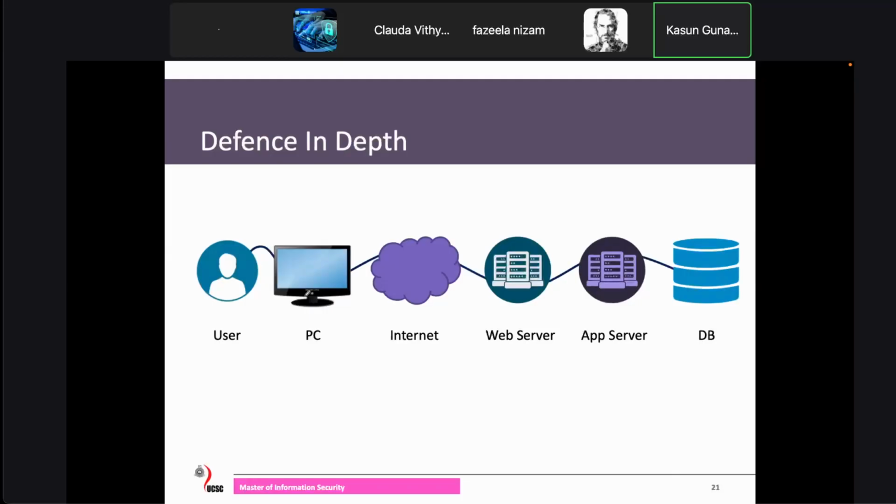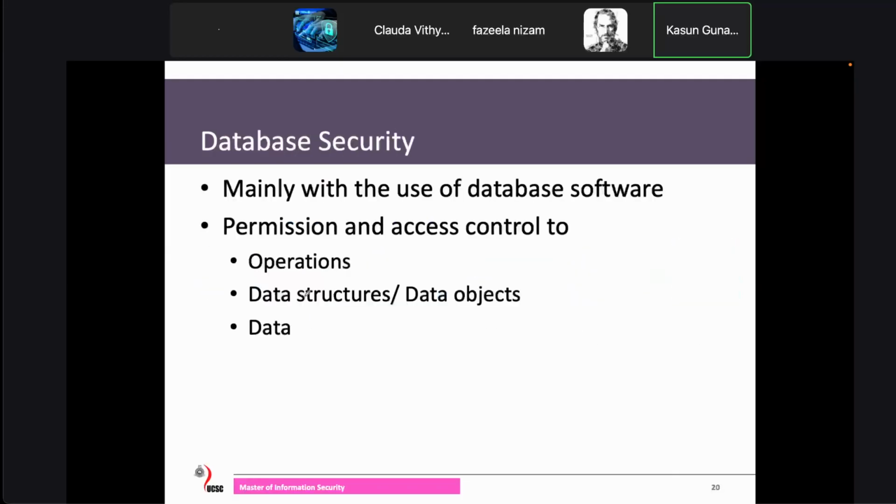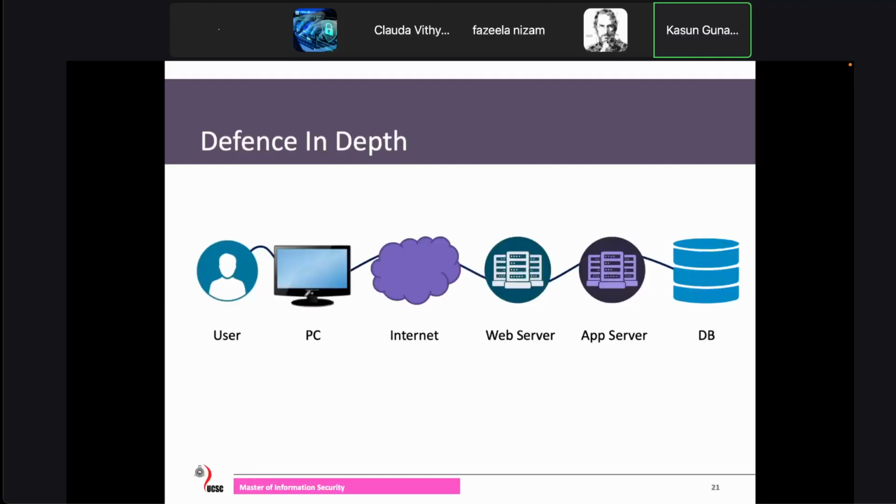So in this regard, right, so making database a secure environment, we say that we are approaching a defense in-depth approach. So the key idea or the main idea in defense in-depth is to make a series of obstacles for unintended users, right?